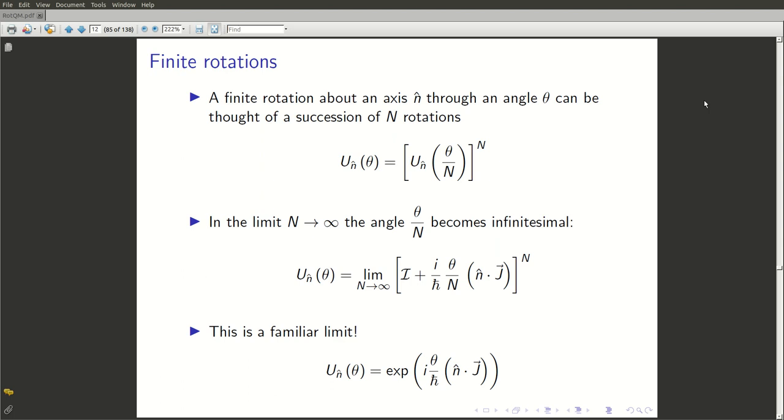So the angular momentum operators completely determine the way in which a state of a system or the operators of a system, either way, respond to rotation of coordinates.